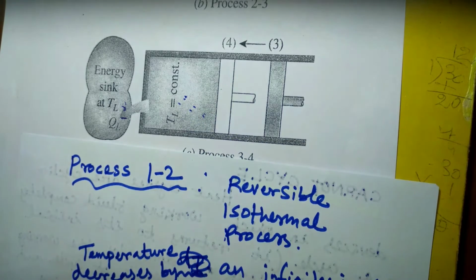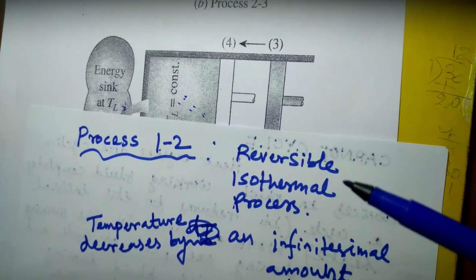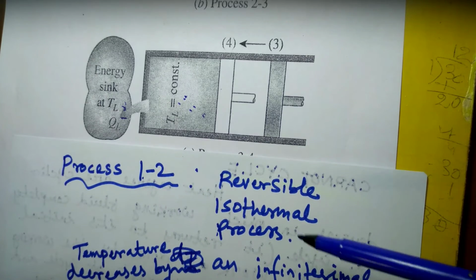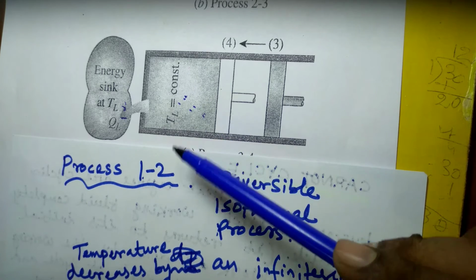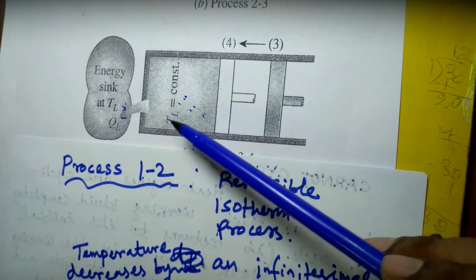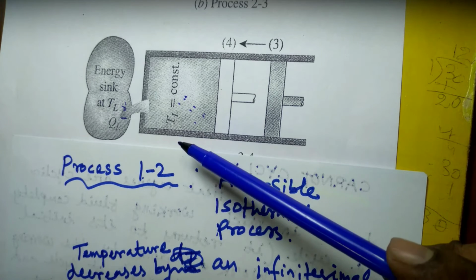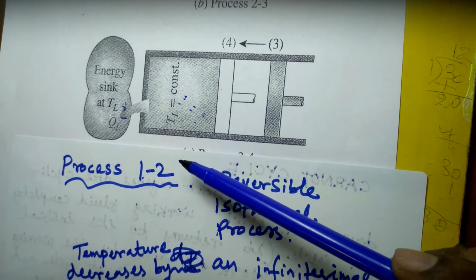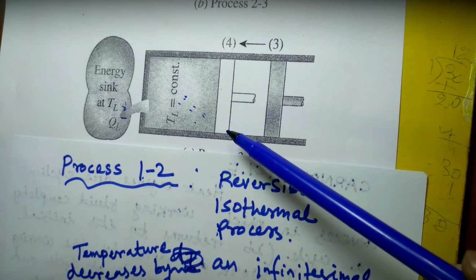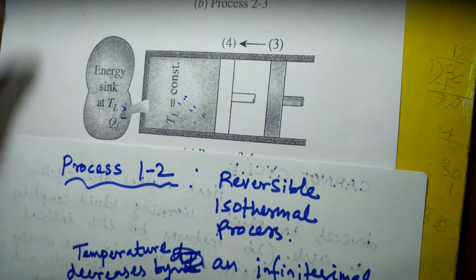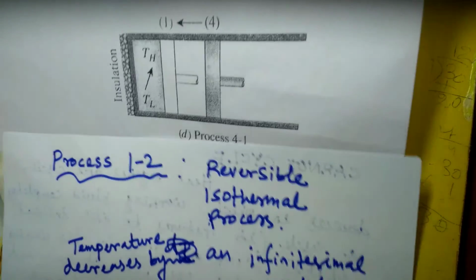So during the process 3-4, we can assume that the process is isothermal compression. Since the temperature difference between the sink and the gas never exceeds dT, an infinitesimal amount, we can consider this a reversible process, a reversible isothermal compression. Work is consumed during this time.